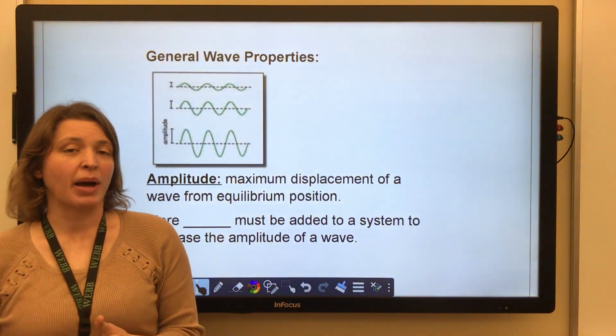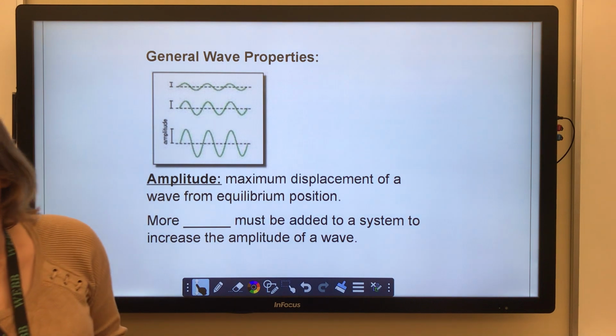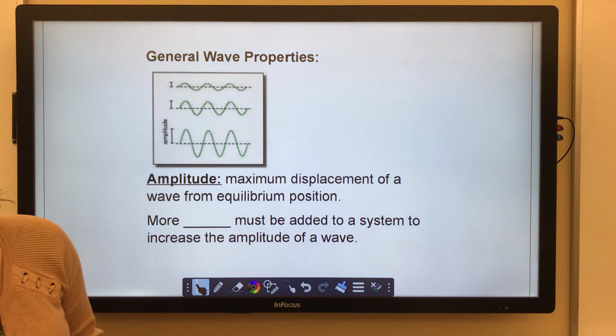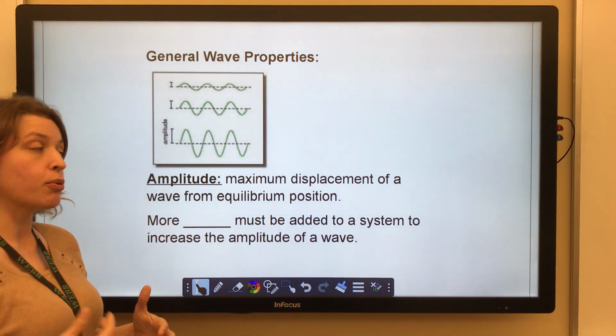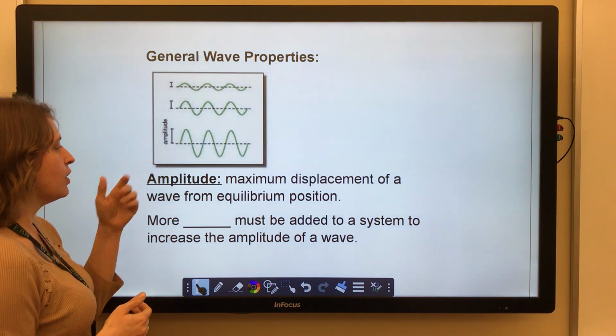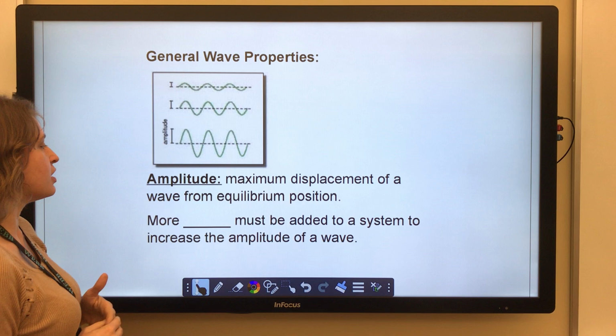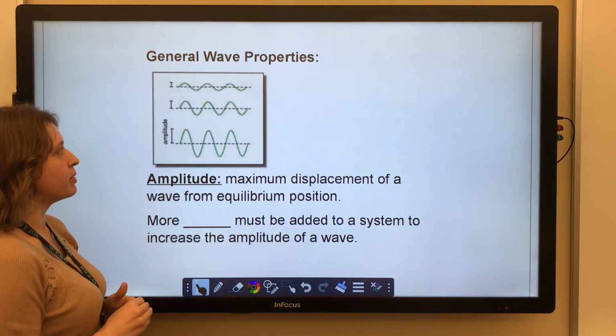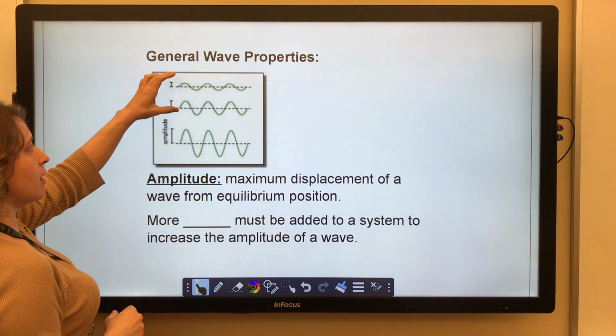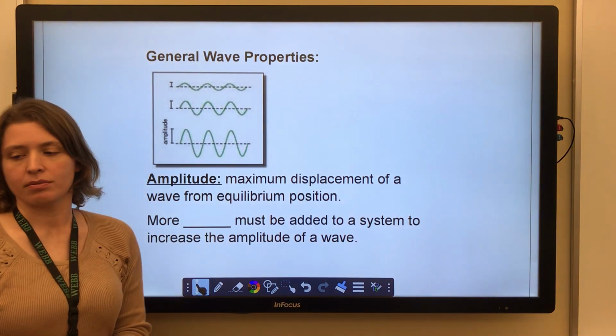In order for us to talk about waves, we probably want to have some vocabulary to describe the properties of waves. So first, a general property that we might want to think about with waves would be amplitude. Amplitude is our maximum displacement of the wave from its equilibrium position. So a taller wave has a higher amplitude.